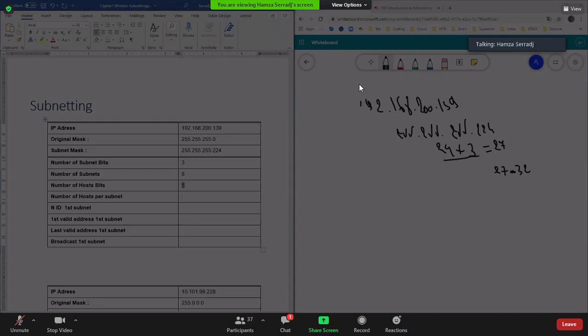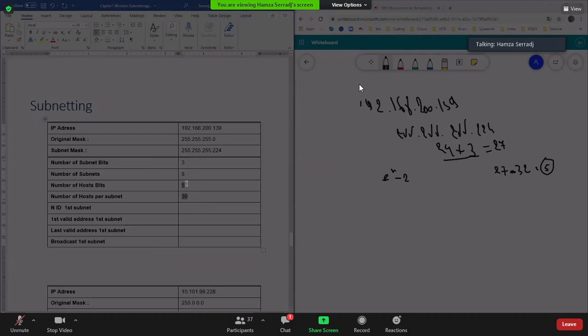Okay, so it's 2 power 5 minus 2. 2 power n minus 2, where n is the number of bits of hosts, here 5. So it's 32 minus 2. That's going to give me 30 valid addresses per each subnet.